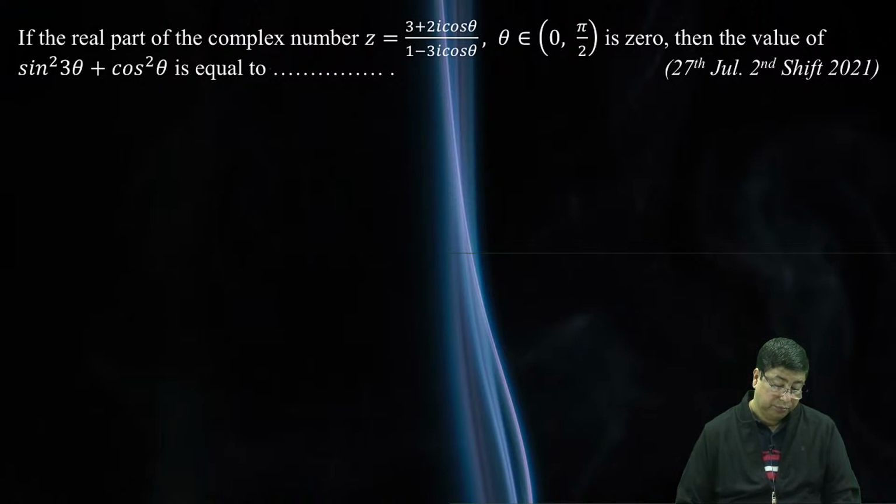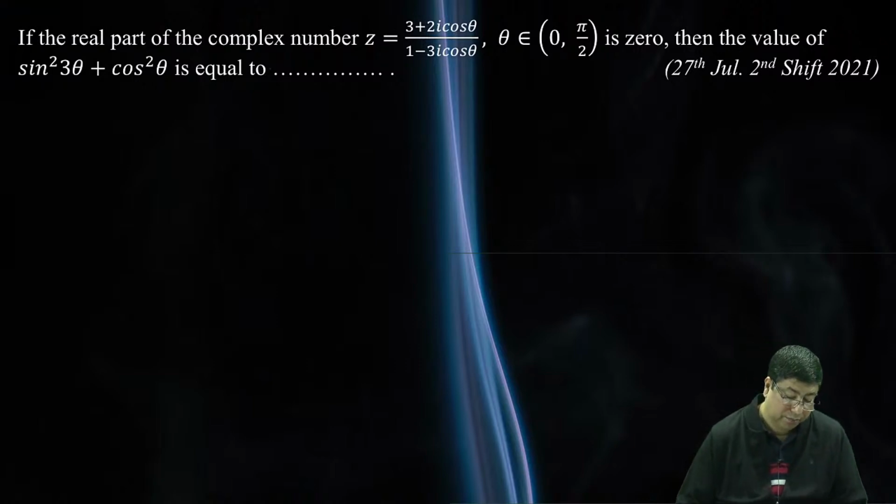What to do? If the real part of the complex number is 0, so let us do one thing. Let us get the real part. So let us rationalize the numerator and denominator.